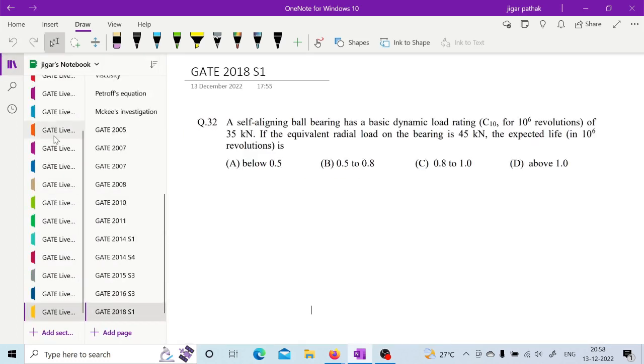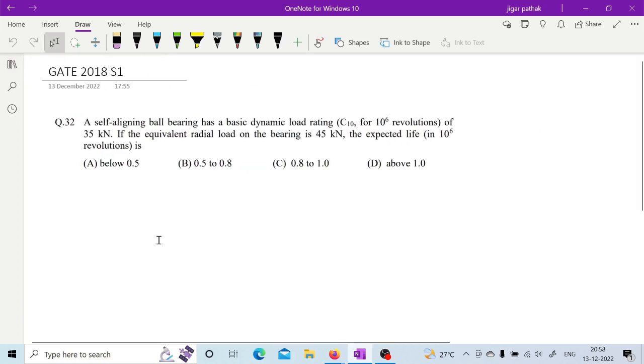Right, and the last one is a self-aligning ball bearing that has a basic dynamic load rating for 10 raised to 6 revolution of 35 kilonewton. Now if the equivalent radial load on the bearing is 45 kilonewton, the expected life in million revolution is.